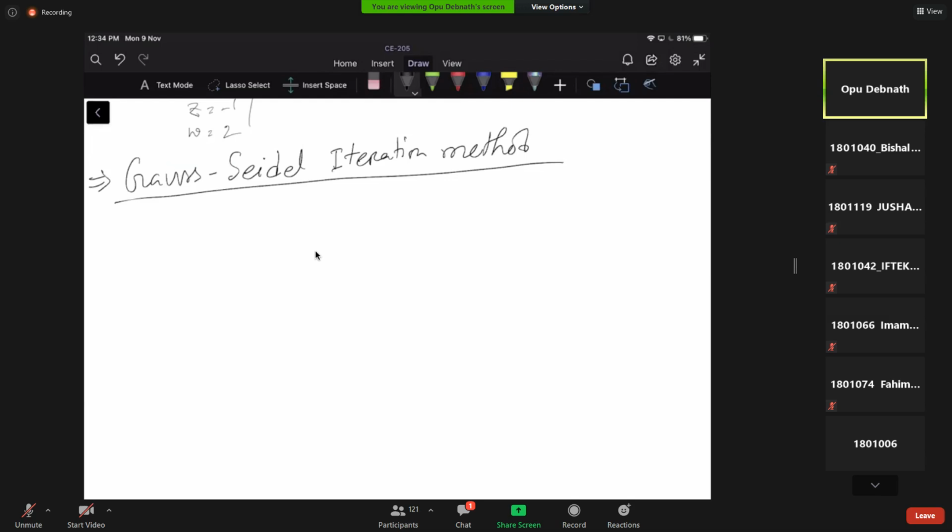In elimination methods, we just eliminate some matrix elements, and in iteration methods, as you can recall from the Newton-Raphson method or other iterative methods, we go for successive approximation: 1, 2, 3, 4, 5, 6.